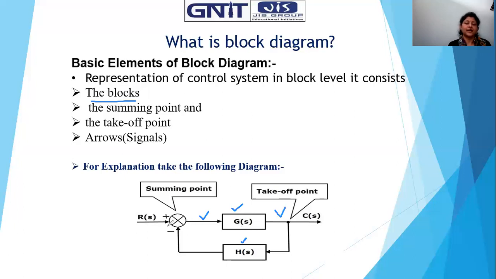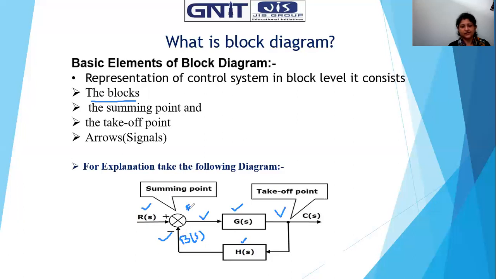Now there may be two signals added or subtracted. Suppose this feedback signal is B(s). What is the phase relation represented here? This is plus, this is minus. If one is considered a positive signal, the other will be negative.